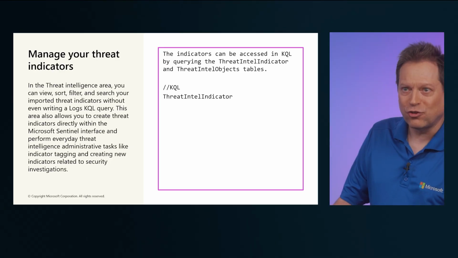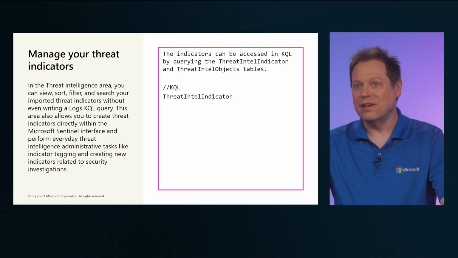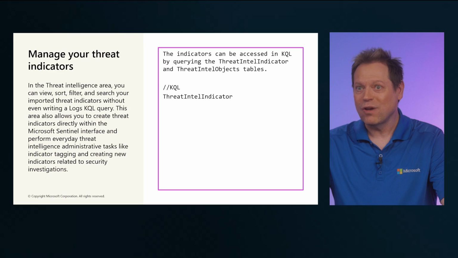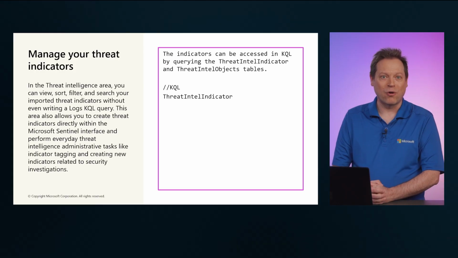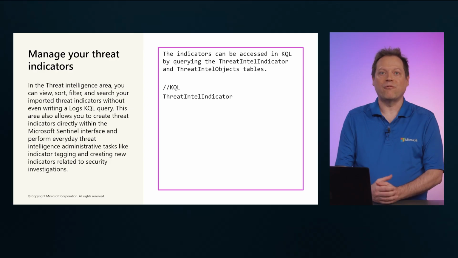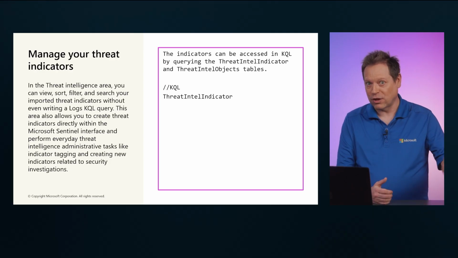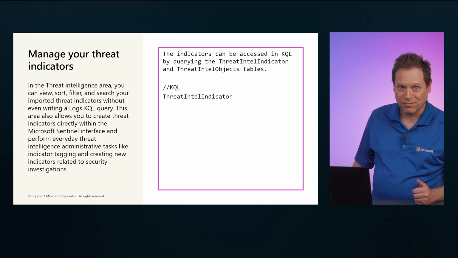When you do want to use KQL, indicators are available through the ThreatIntelIndicators and ThreatIntelObjects tables. A simple starting point is to query ThreatIntelIndicators directly and then refine from there based on indicator type, confidence, expiration, or tags.